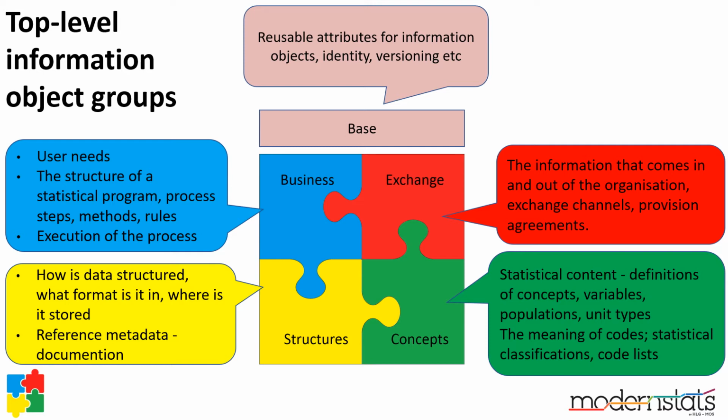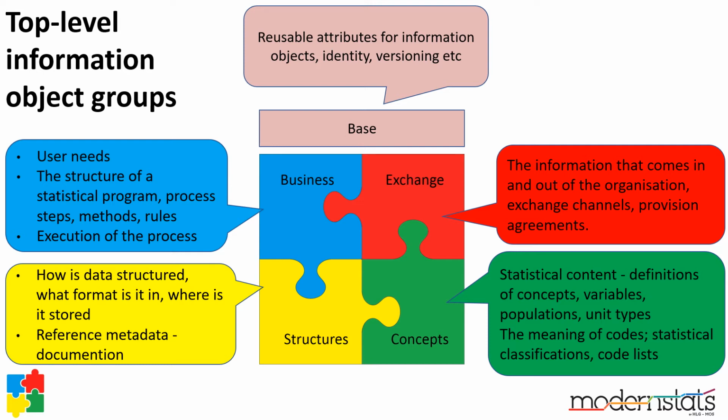It has statistical content, definitions of concepts, of variables, populations, unit types, the meaning of codes. It's got statistical classifications and code lists. And all of these are quite familiar in statistical organizations, and they're a good place to start implementing.